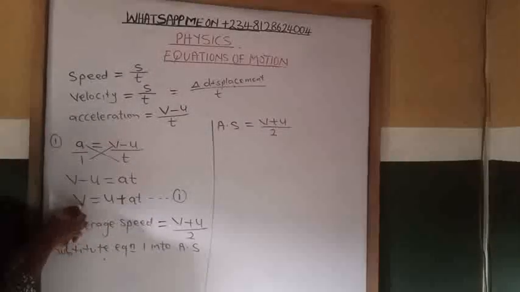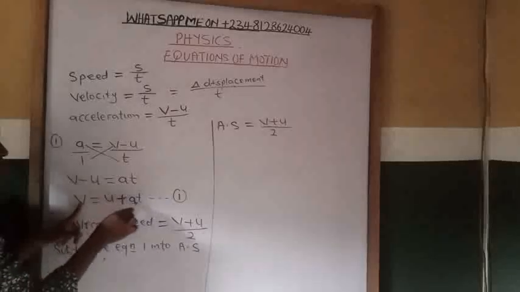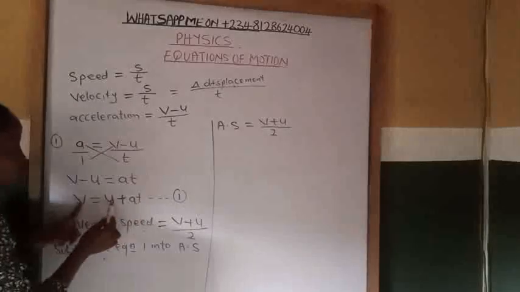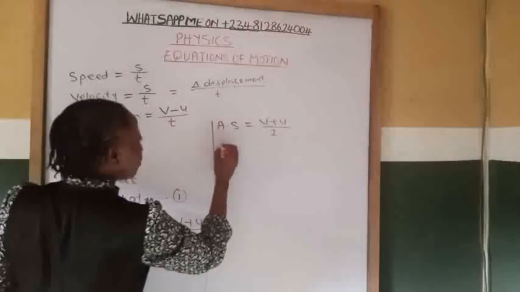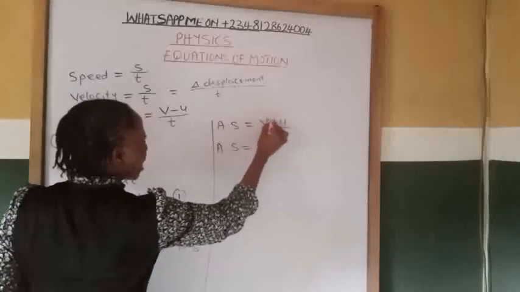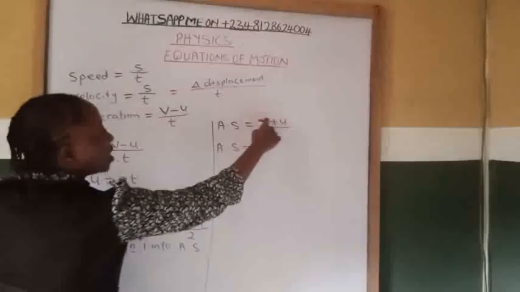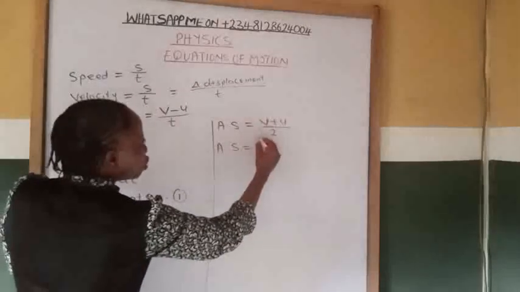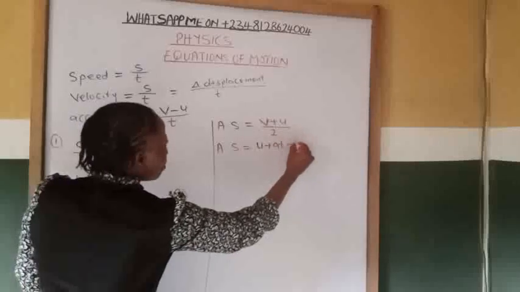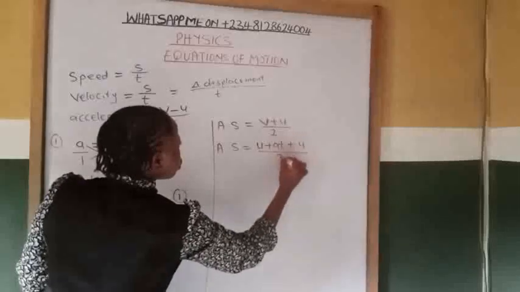Now my final velocity v is the same thing as u plus at. So anywhere I see v here, I will replace it with u plus at. That gives u plus at, then plus this u, divided by 2.